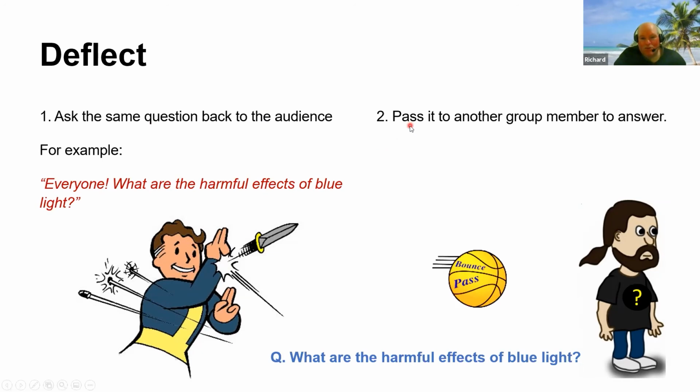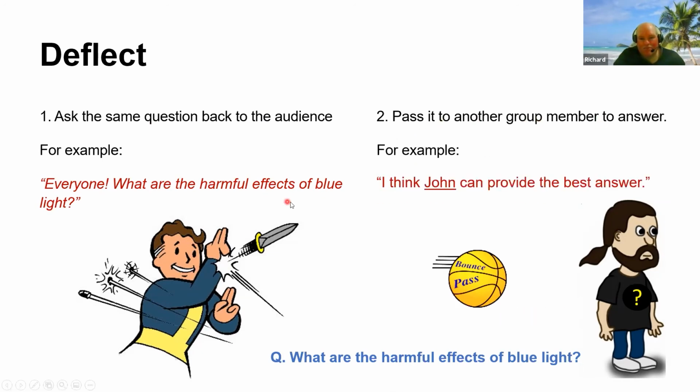Or number 2, you can pass it to another group member to answer. Oh, I think John can provide the best answer. In Australia, we call that handballing, because in football, which is one of the key sports here, when they pass the ball by nudging it with their hand like this, that's called a handball, passing it on to someone else.